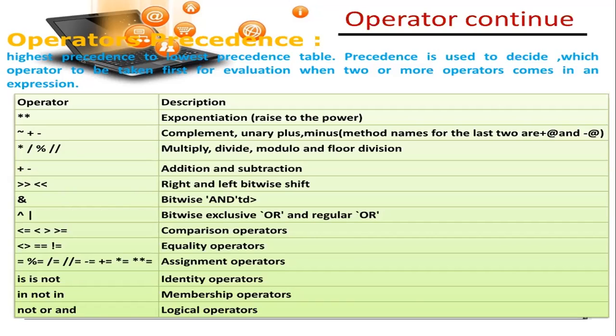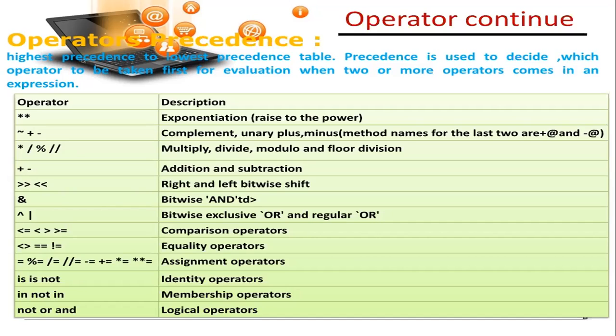Meaning if I have 4 plus 3 minus 2, 4 plus 3 will be done first and then minus 2, because plus and minus have the same precedence value. But if I have 4 plus 3 multiplied by 2, then 4 plus 3 shall happen first, and then the answer will be multiplied by 2, because multiplication has a lower precedence value than plus and minus.